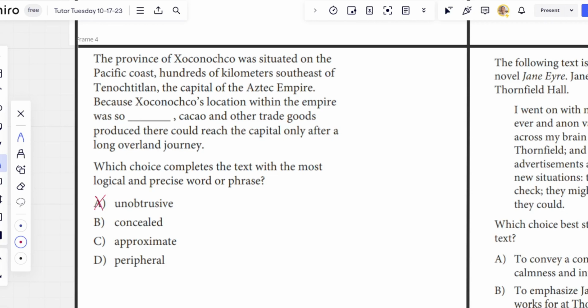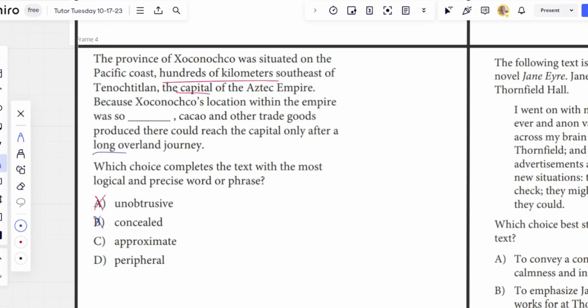But thinking about concealed, approximate, peripheral, it was hundreds of kilometers southeast of the capital. There was such a long journey. It's not necessarily going to fit with concealed, even though I kind of wanted to put that one, because there's no words that actually indicate that it was hidden. It was just very, very far away.